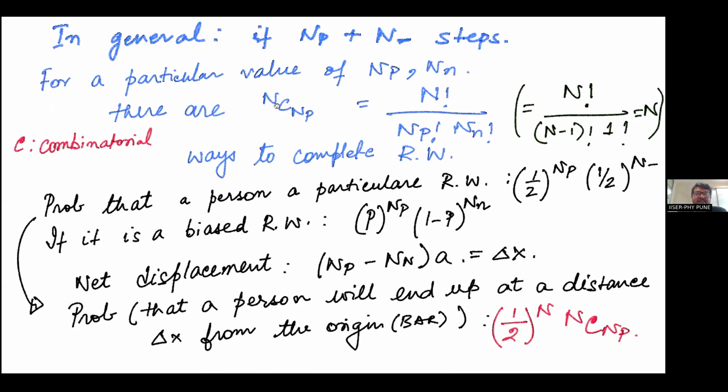There are nCNP ways of having different random walks corresponding to a particular value of NP. Suppose NP is 9,000 and NN is 1,000, so that the sum is 10,000. Then there are n factorial divided by NP factorial times NN factorial ways in general to have different kinds of random walks. When NN was 1, you can substitute in this formula and see that there are n ways.